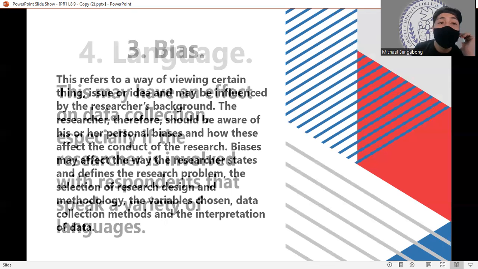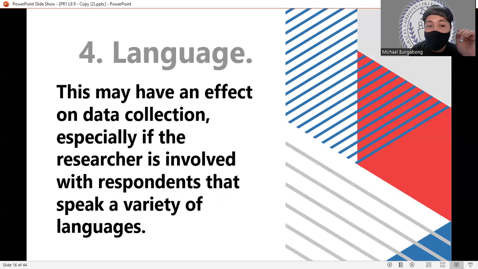That makes sense. Number four, language. This may have an effect on data collection, especially if the researcher is involved with respondents that speak a variety of languages. Here in our country, class, whatever legal forms or legal letters, they are always written in English, no?